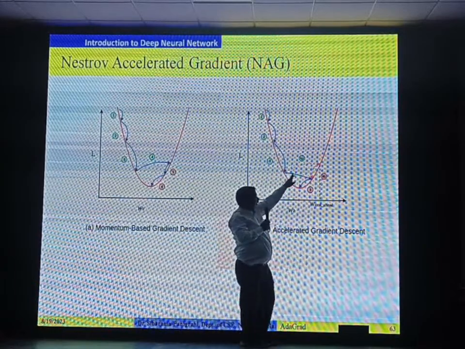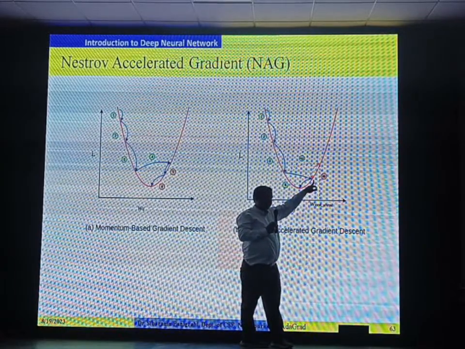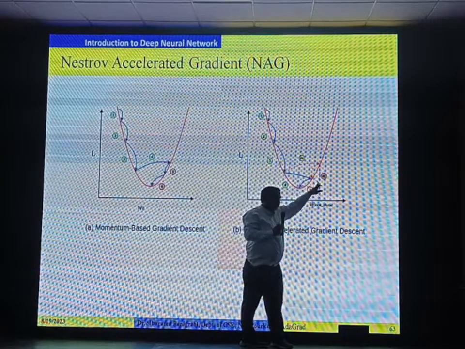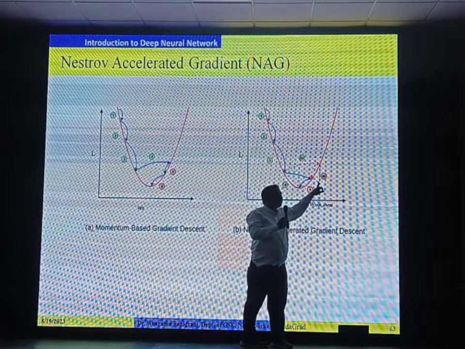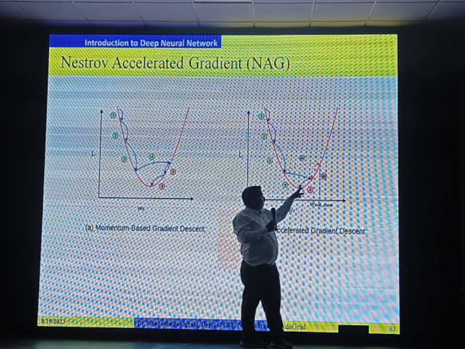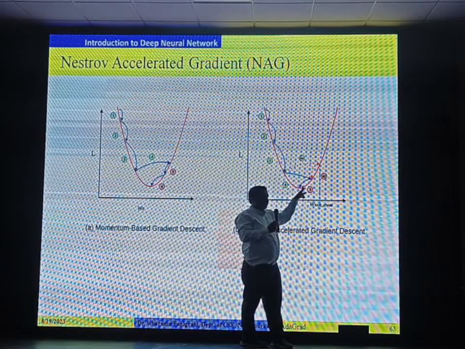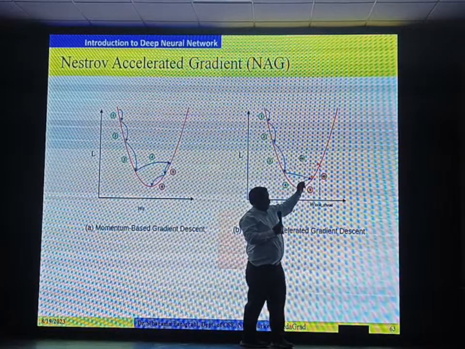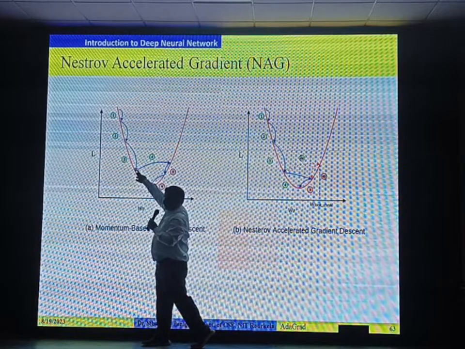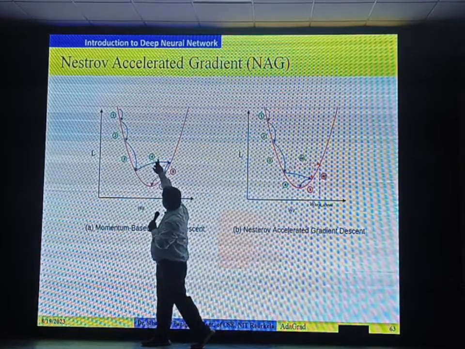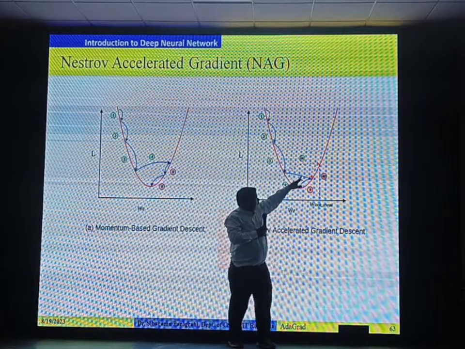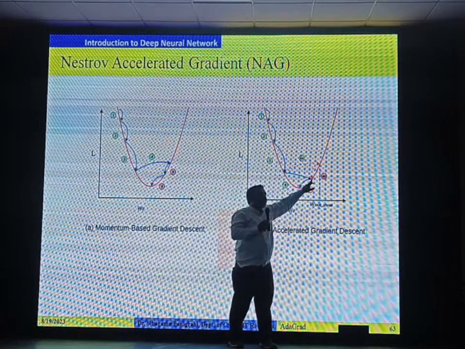Right? So first I have added the momentum term, then I will compute the gradient. So what is the gradient direction? In this direction. Yes or no? After the third step, momentum plus gradient, it jumps to this location. But here, first I add the momentum, it comes to here, then I compute the gradient.